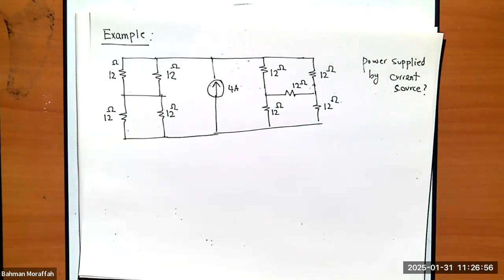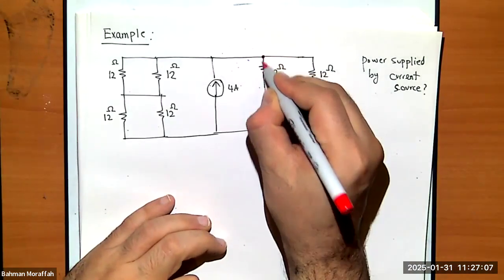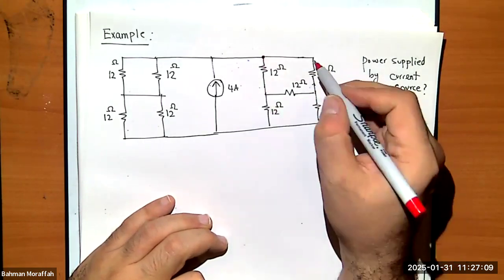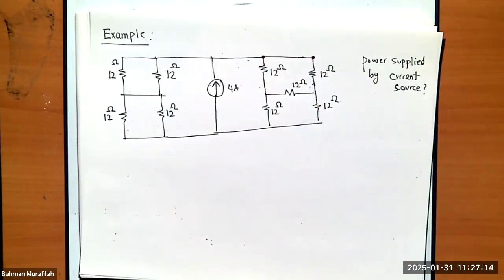The very first thing that we observe is that if I look at the top square, that is actually a delta. Why? Because let's just call this A. This is exactly A, because they're actually connected with a wire. There is no potential difference, so these two are not different nodes.